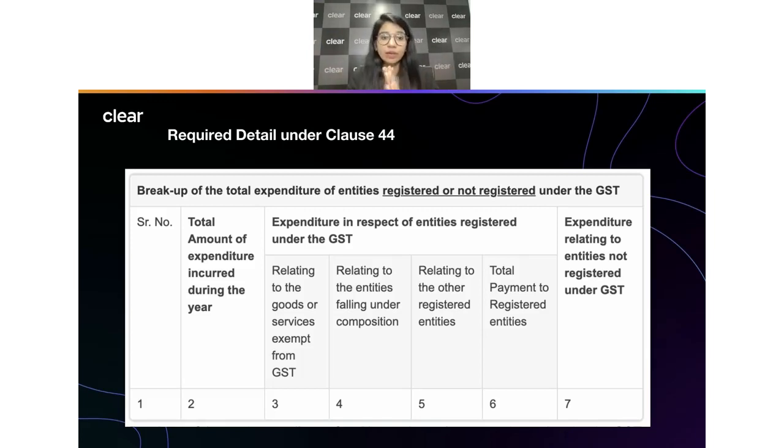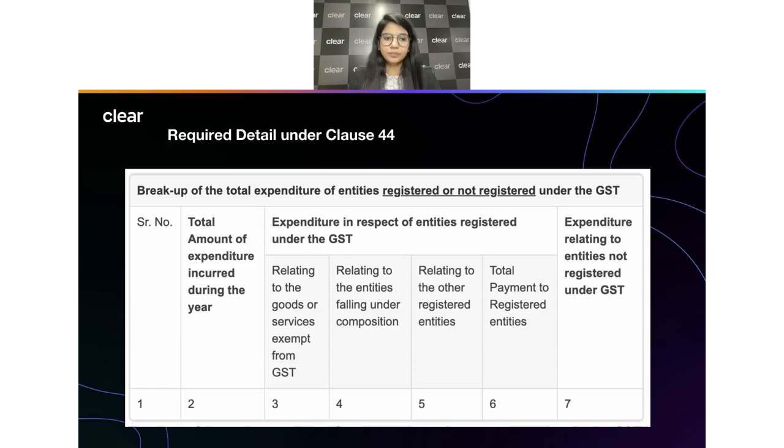But if you are maintaining your books of account at a GST level, you can add this information for multiple GSTs. If you have 10 GSTs, you can add it for 10 GSTs. You may also say that of the 10 GSTs, two entities are unregistered because I don't have any taxable supplies there. In that case, you can add that information separately as a separate row.